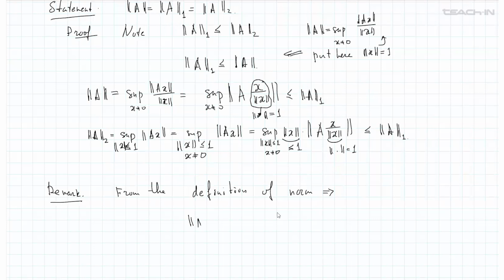The norm of the operator is a supremum, so it is greater or equal to this ratio, because it is the supremum over all x which is not 0. And then we immediately obtain that for any x we have a multiplicative inequality.